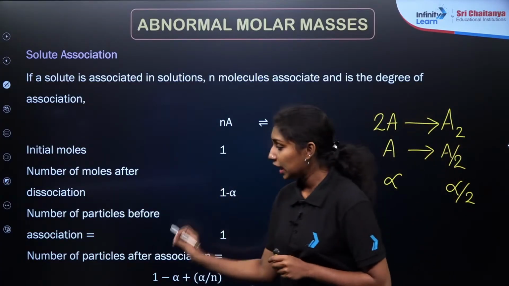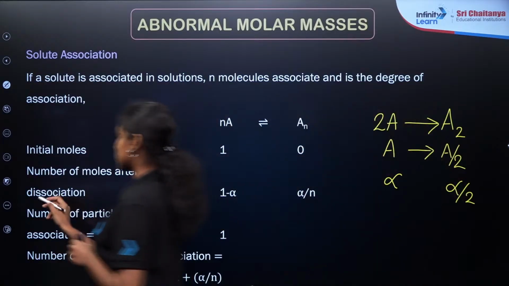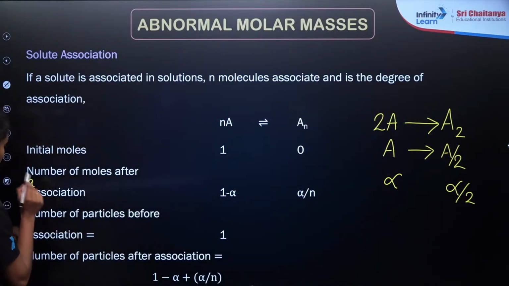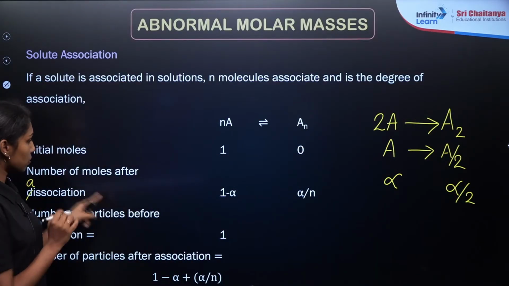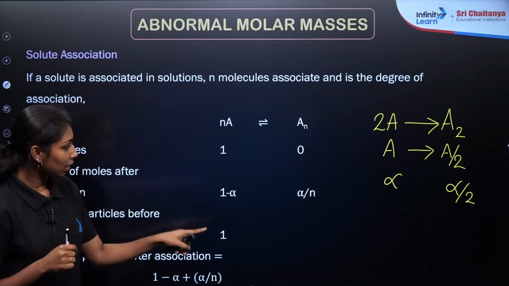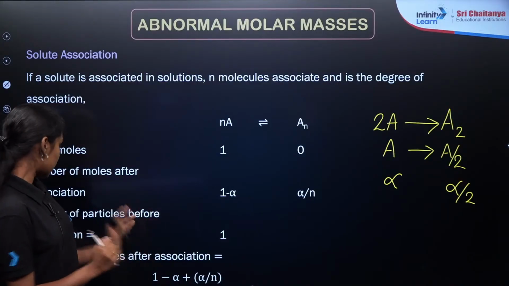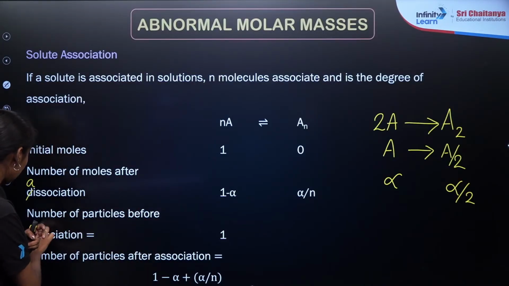So again we need to find out the total number of moles after association. Not about dissociation, it is about the association here. Total number of moles after association is equal to 1 minus alpha plus alpha by n, right? Before association, it will be equal to 1.